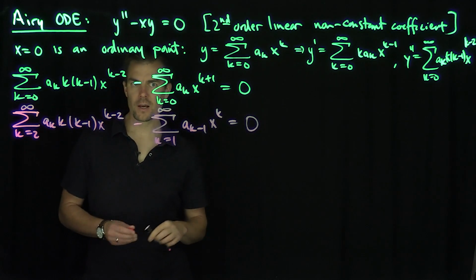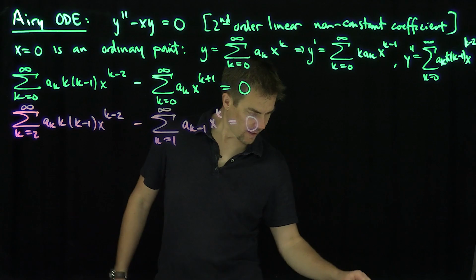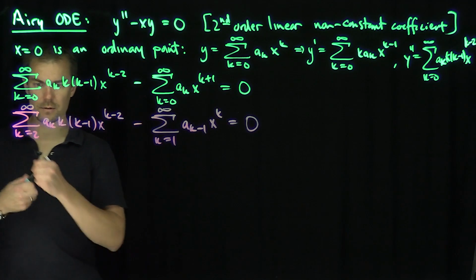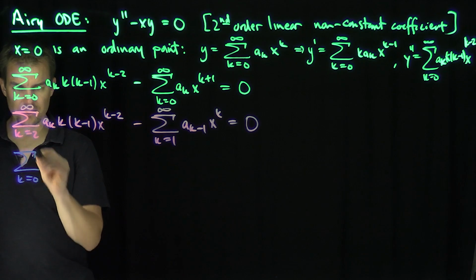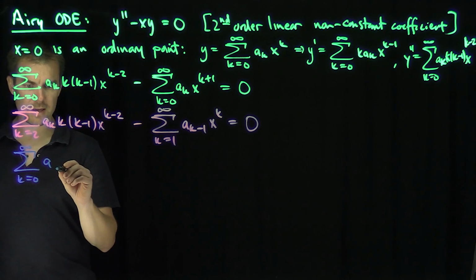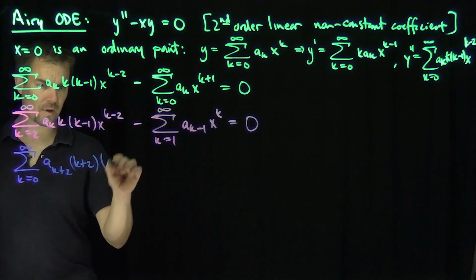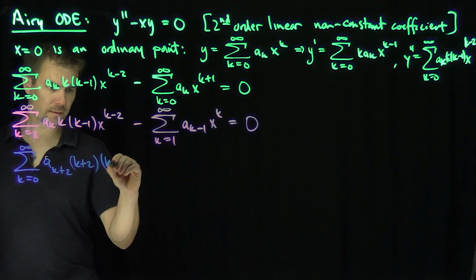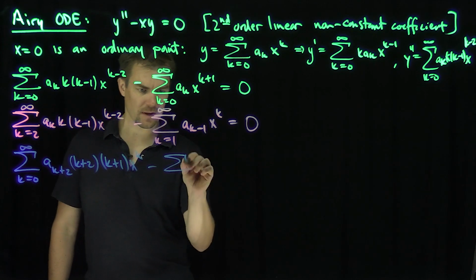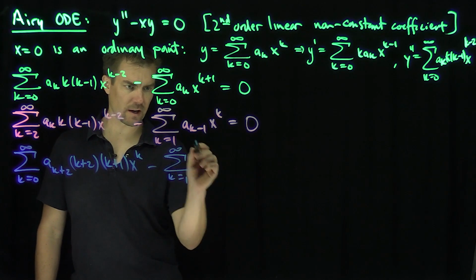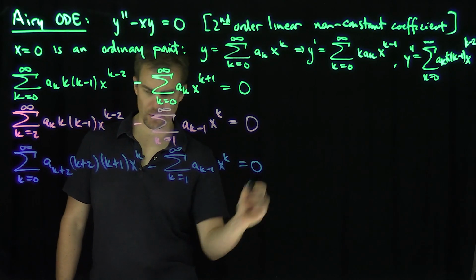Great. Now I will shift these terms to make them in terms of x to the k. I'm going to subtract 2 over here and add 2 over here. So this is the sum, k goes from 0 to infinity of a_(k plus 2)(k plus 2)(k plus 1) x to the k, minus the sum, k goes from 1 to infinity of a_(k minus 1) x to the k, equal to 0.